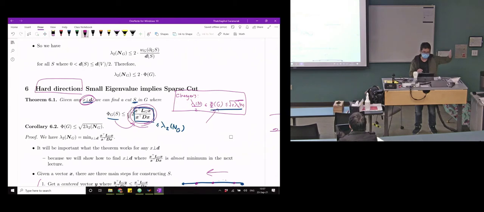It doesn't matter if x really corresponds to the second eigenvector. For any vector x that gives a good ratio, the algorithm will find a good cut. We just know by the math that if x corresponds to the second eigenvector, it's going to be good, but any good vector is fine.